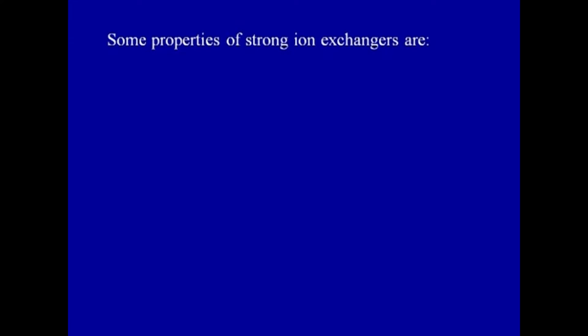If you look at the properties of strong ion exchangers, their sample loading capacity does not decrease at high or low pH values, as there is no loss of charge from the ion exchanger. So, they remain ionized over a wide range of pH.